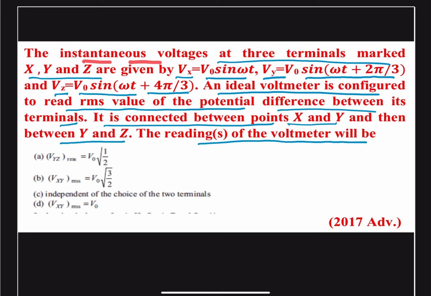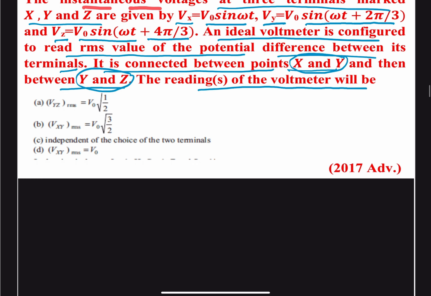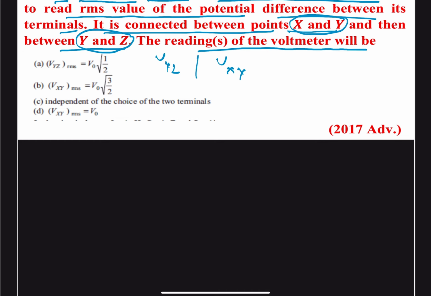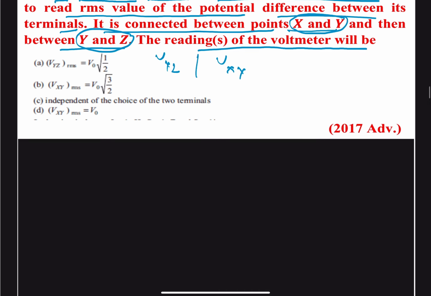So this is also a multi-correct question, and it is given to us that the voltmeter is initially connected between points X and Y, and then it is connected between Y and Z. So we have to find out basically what will be the reading between points Y and Z and points X and Y. Based on this, all the options can be verified.